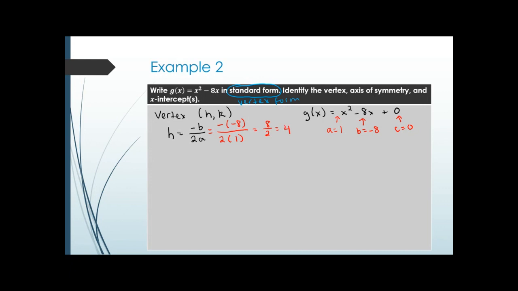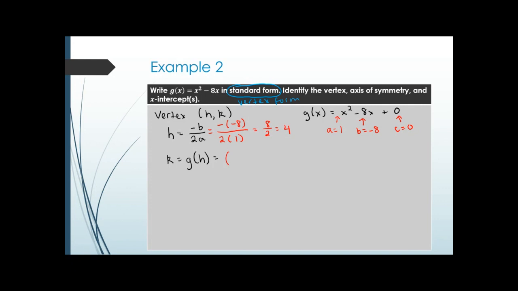Now that we have found h, and this is the x value, so the h is an x value, now we need to find k. And k is, in this case, our function is g. So we plug in h for x.